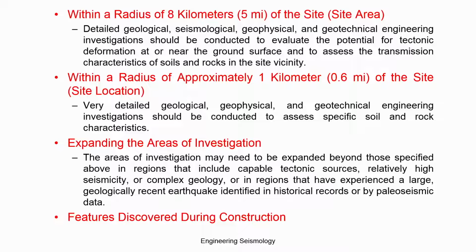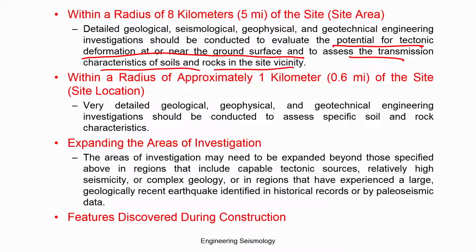So detailed geological, geophysical studies and then geotechnical investigation should be conducted to evaluate potential tectonic deformation in the near ground surface, and to assess the characteristics of the soil and rock if there is a potential seismic source. So this will be the level 3.